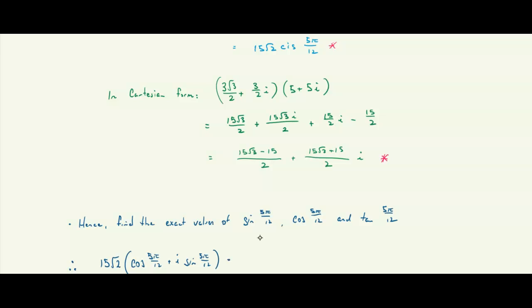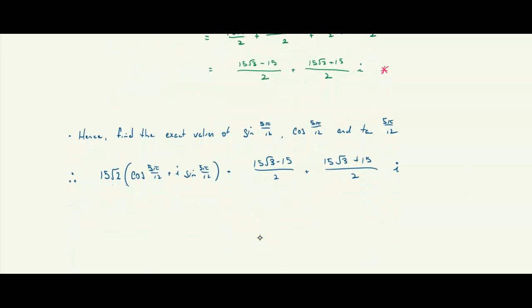That's equal to this thing here, 15 root 3 minus 15 over 2 plus 15 root 3 plus 15 over 2 i. Okay, so equating imaginary and real parts.